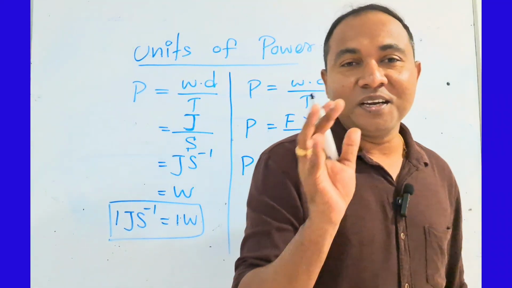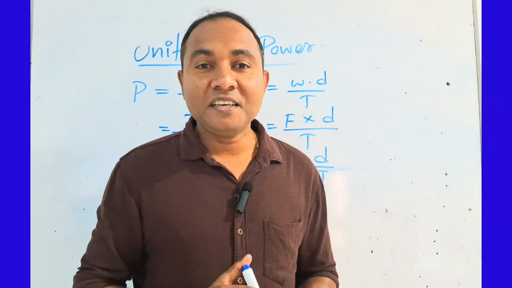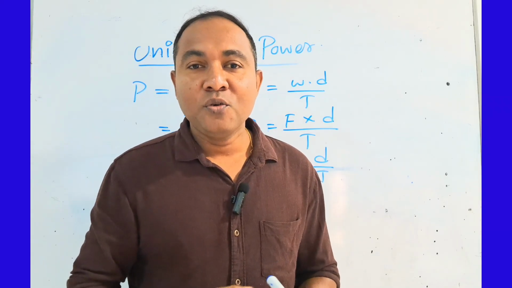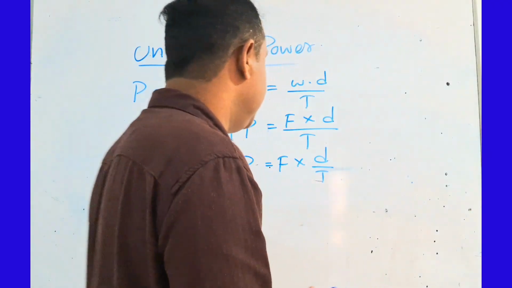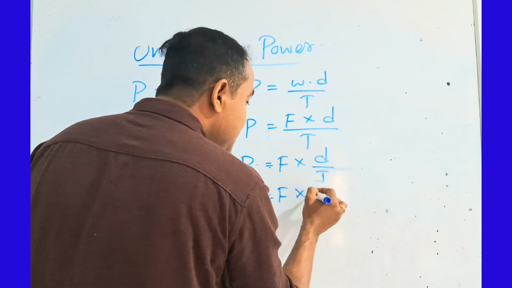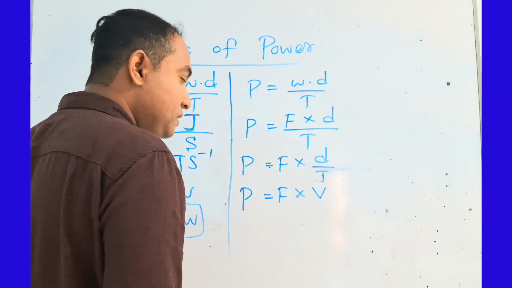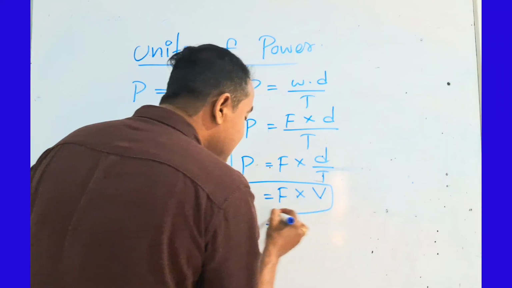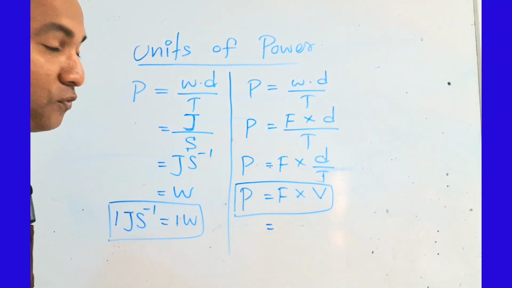What is displacement divided by time, as you learned in unit 2, motion in a straight line? Displacement divided by time is velocity. Then this is another equation that can be used to find power.